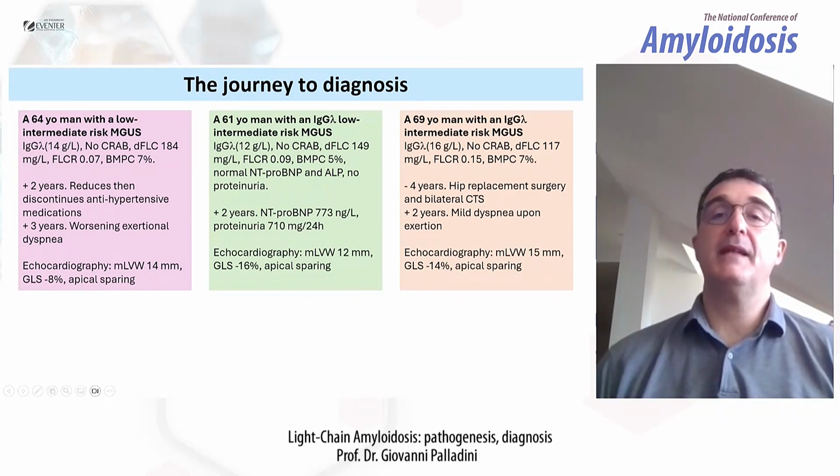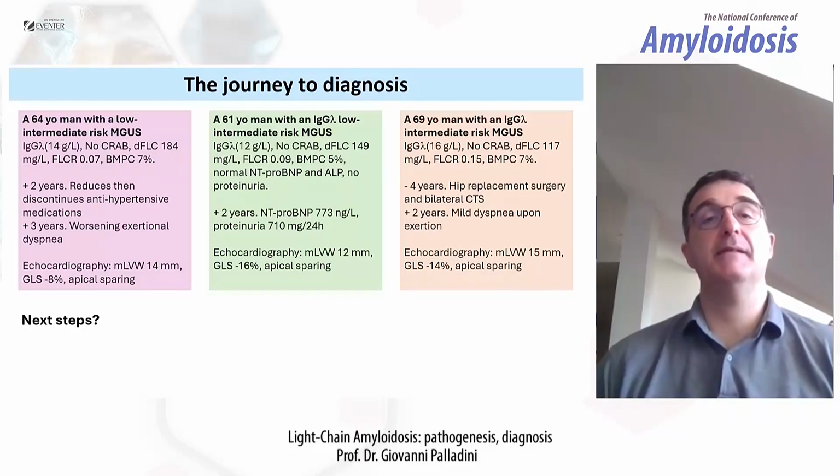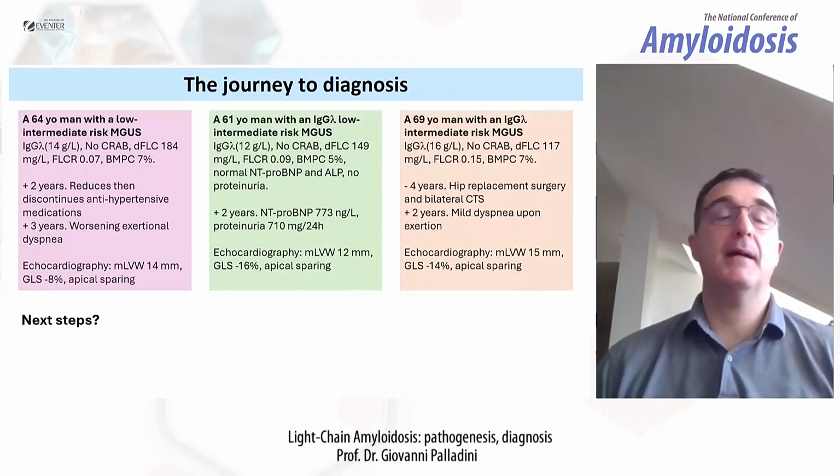And I am presenting here a few quite similar cases. These are three men who have a low intermediate risk MGUS with an IgG lambda, rather small, with a small plasma cell infiltrate, and who present at the beginning, at the time when the monoclonal component is detected, as asymptomatic.